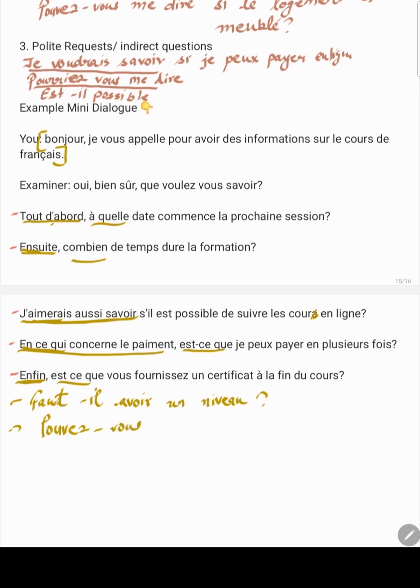Pouvez-vous? This is also a different question. Pouvez-vous, can you tell me? And then you can ask whatever you want to know, right? So try to vary your question structure. That will help you a lot to improve your score in your TCF part 2.